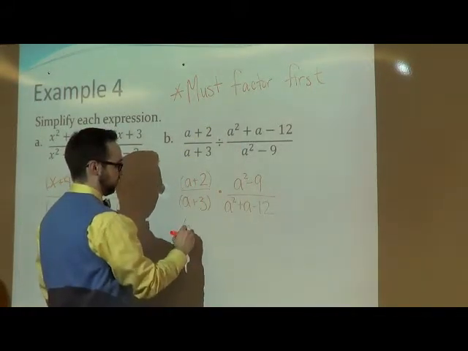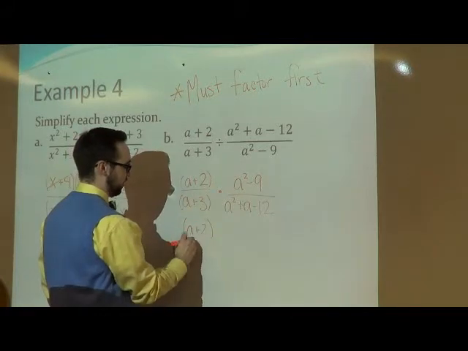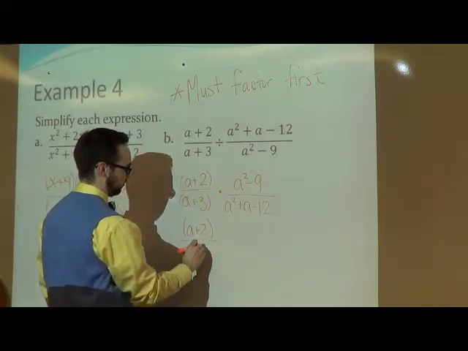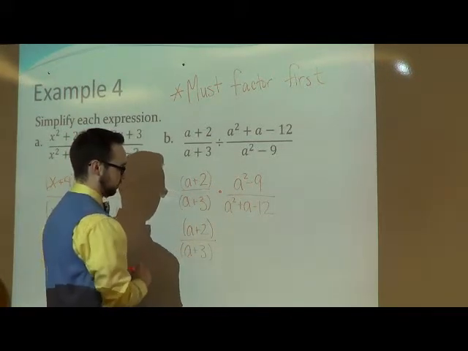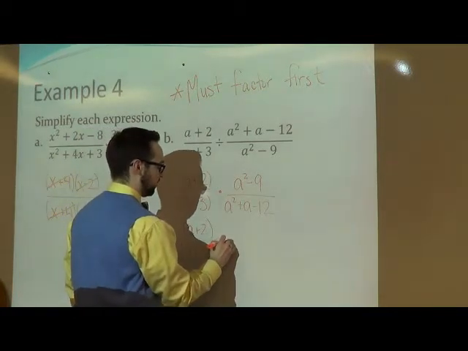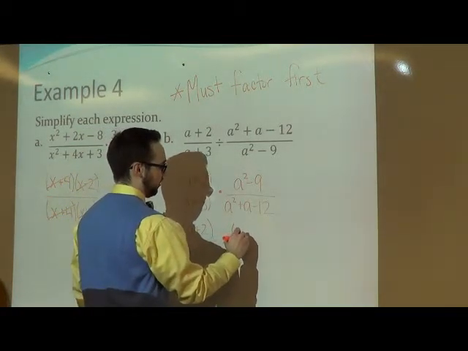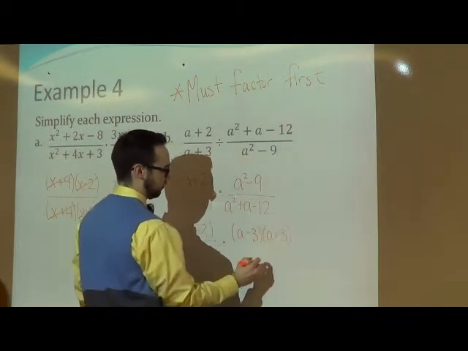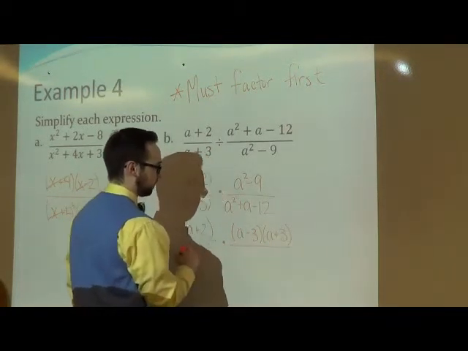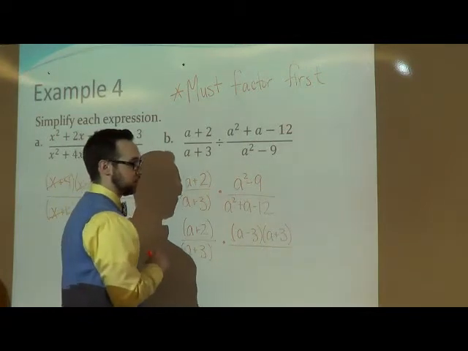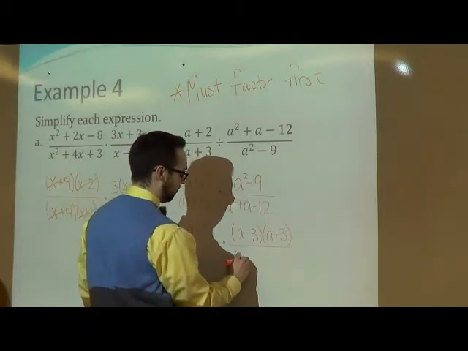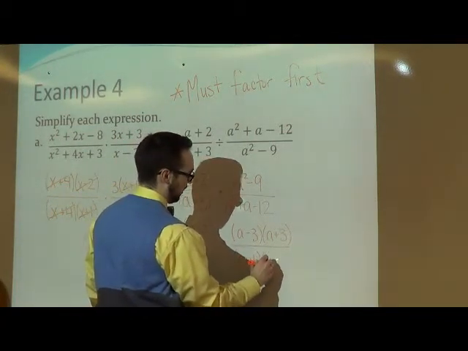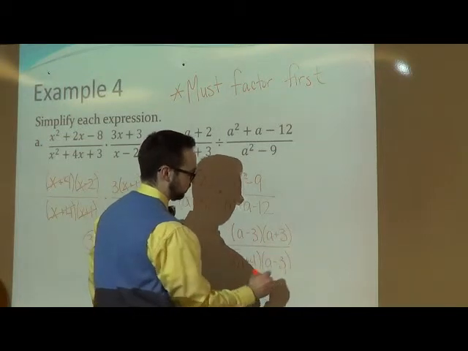So we're going to have a plus 2 over a plus 3 times a minus 3 times a plus 3. And then a squared plus a minus 12 is going to factor into a plus 4 and a minus 3.